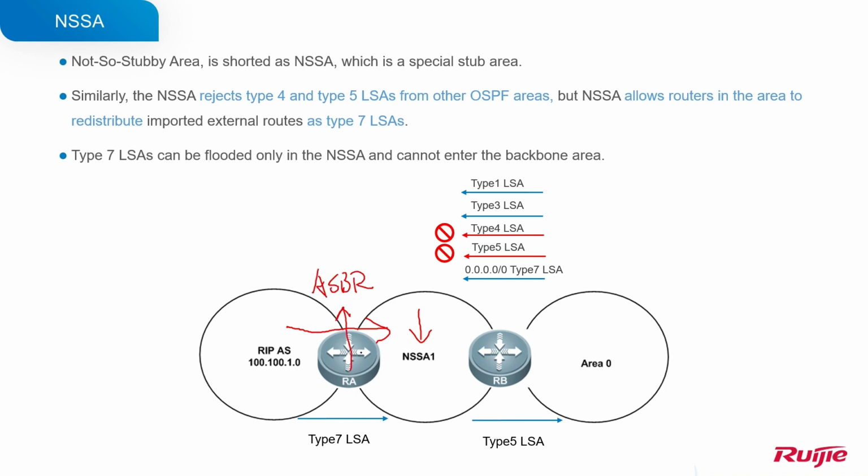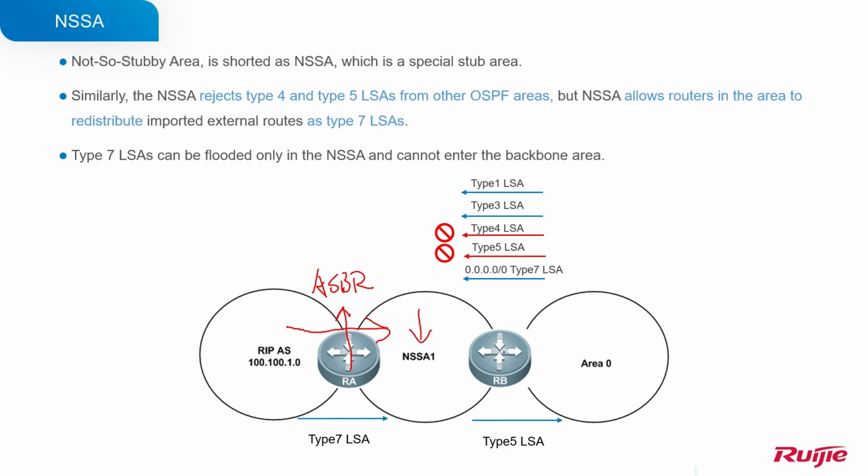We have to do the redistribution on the RA device, and then the RA device will transmit the routing information about the RIP AS to the NSSA area, right? Okay, and then other areas actually don't support the type 7 LSA information. So how can we access the RIP AS?